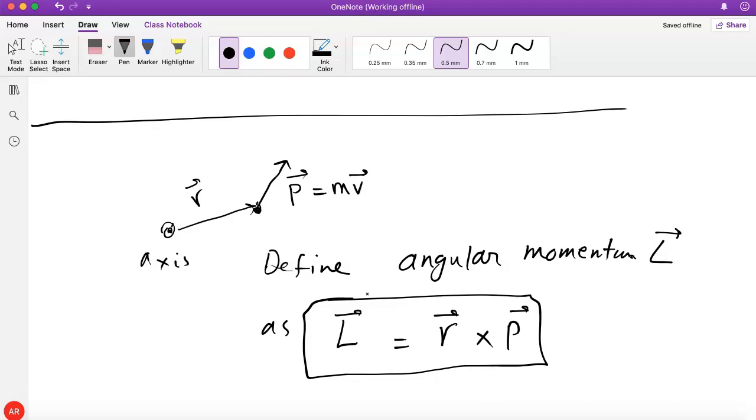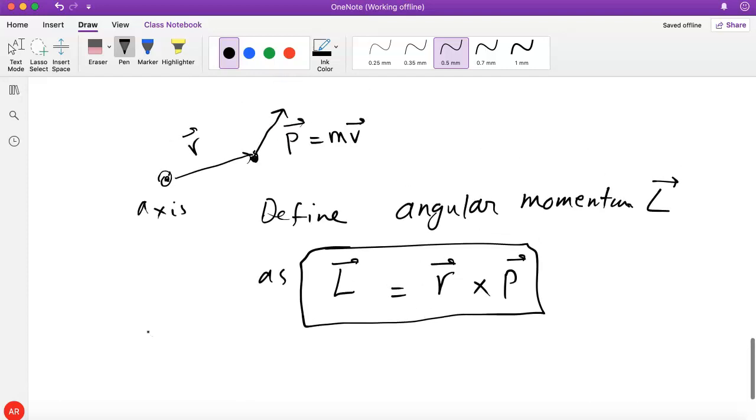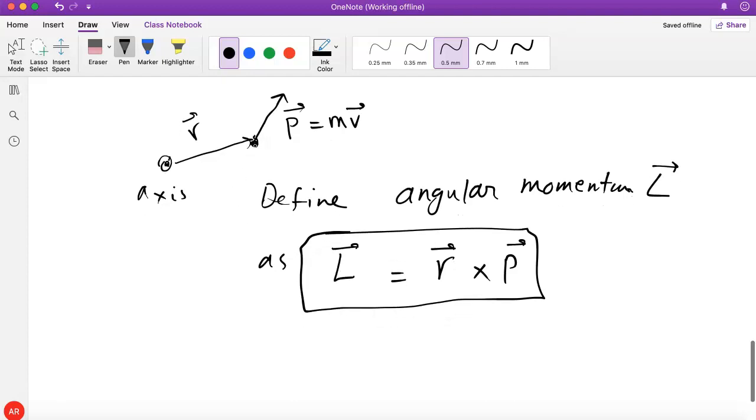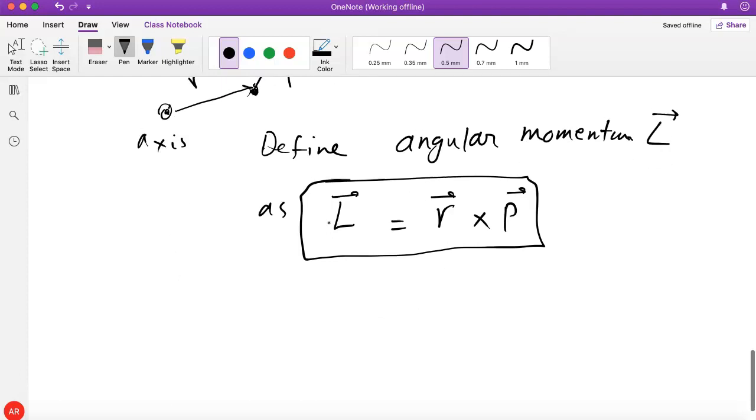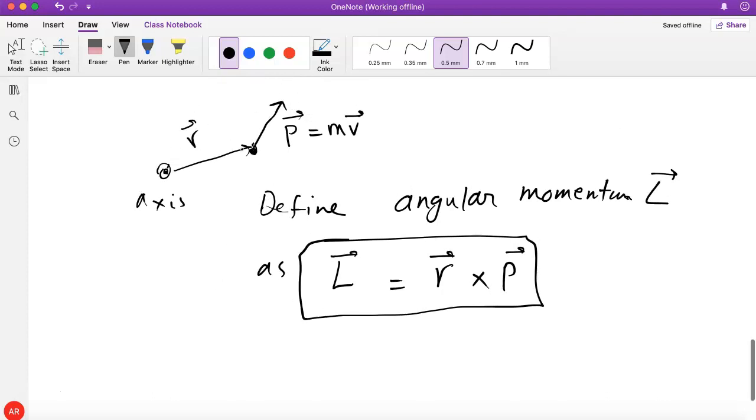Okay, so how can we make sense of this or build some intuition about what it means? Well, this definition does two things. One is it kills the component of momentum in the radial direction. Because the cross product is a vector perpendicular to both, it's going to be a vector perpendicular to the plane, coming out of the plane in the direction of the axis, whose length is r times the component of momentum perpendicular to r.